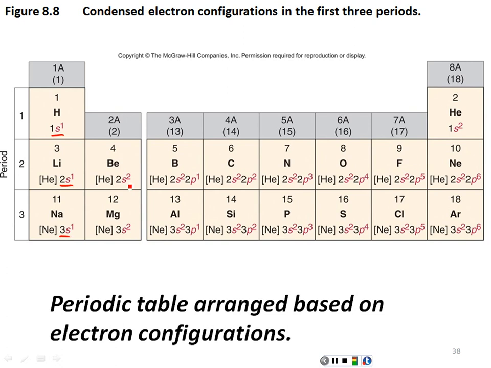Group 2A, they all have 2 valence s electrons. 3A, they all have 3 valence electrons. They're 2s2, 2p1, and so forth. And again, group 8A, the very far right of the periodic table, they're noble gases. They're filled shells.